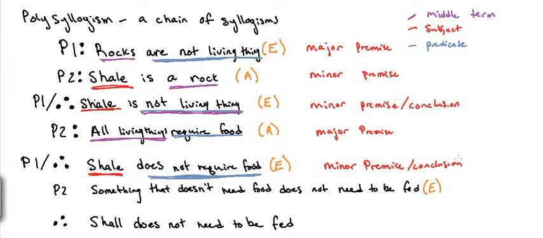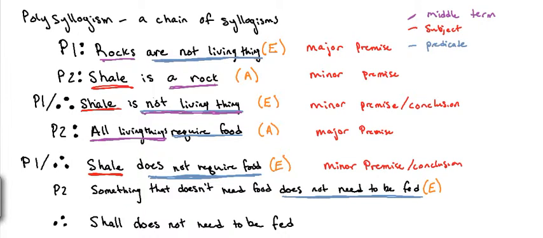Premise 2, something that doesn't need food doesn't need to be fed. Our predicate is going to be does not need to be fed.